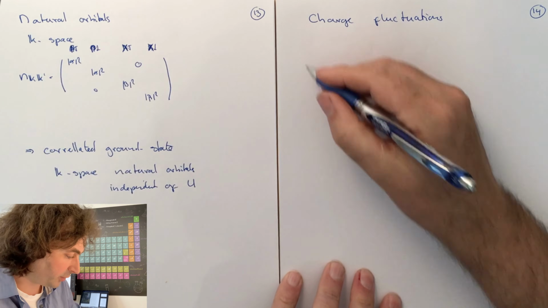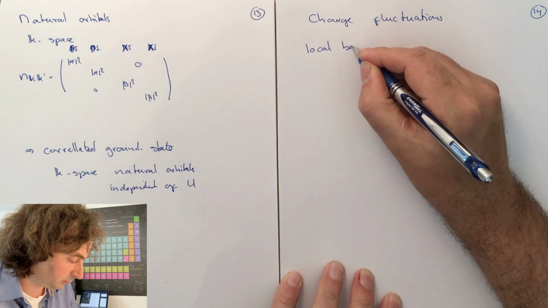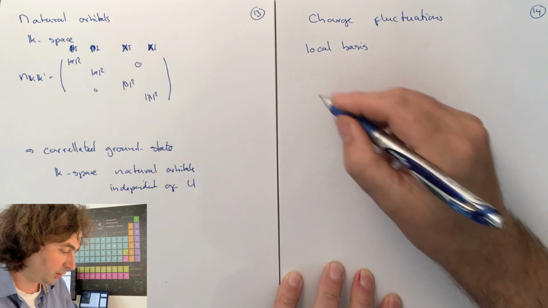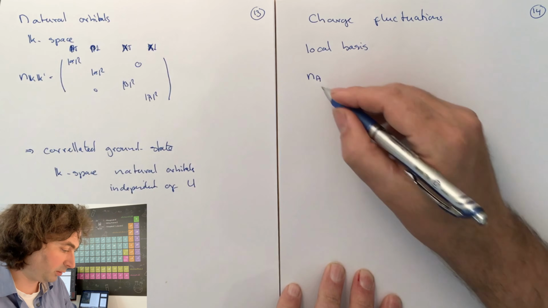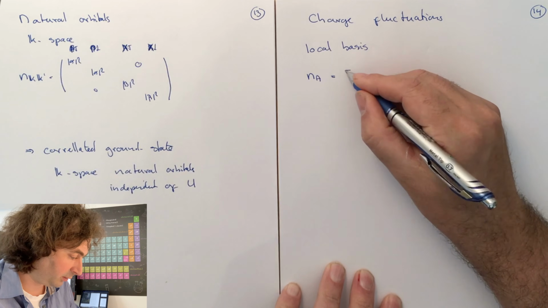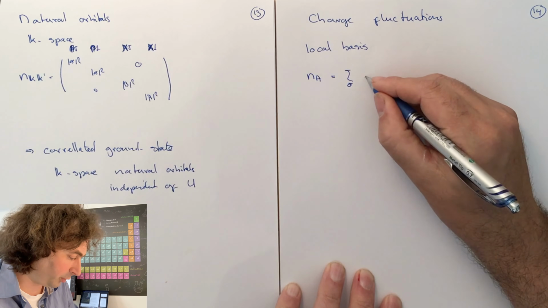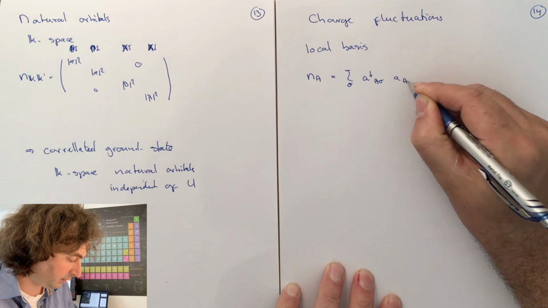And for that, let's first have a look at the charge fluctuations on a local basis. So on a local basis, we can calculate, for example, the occupation of site A, which we define as a sum over the spin of A dagger sigma A sigma.